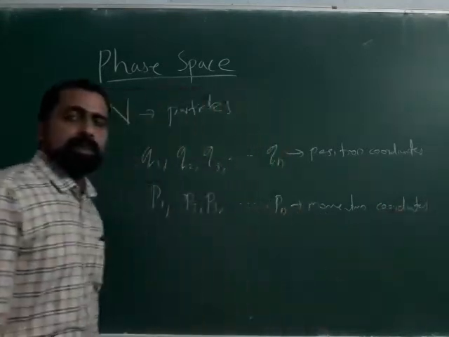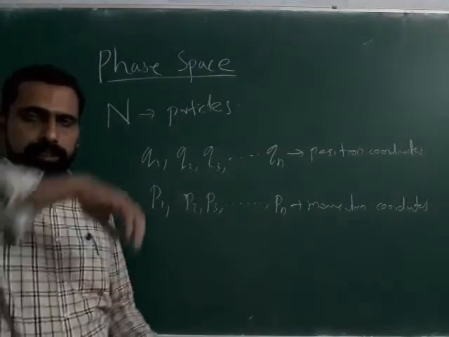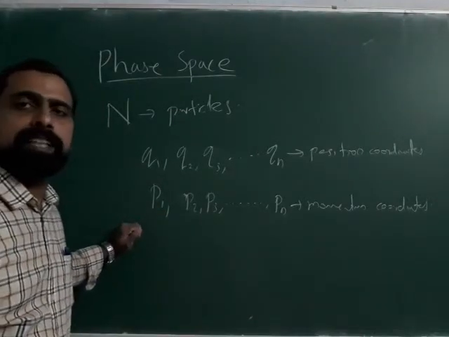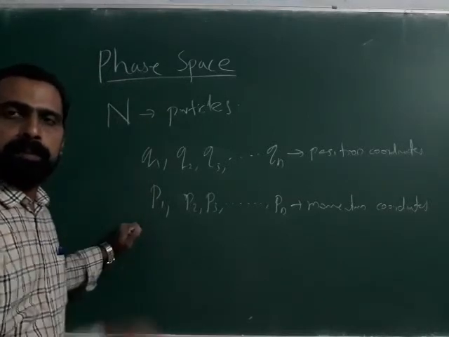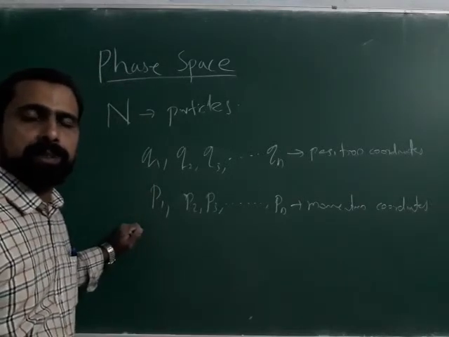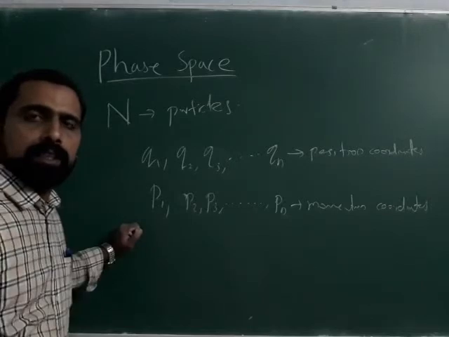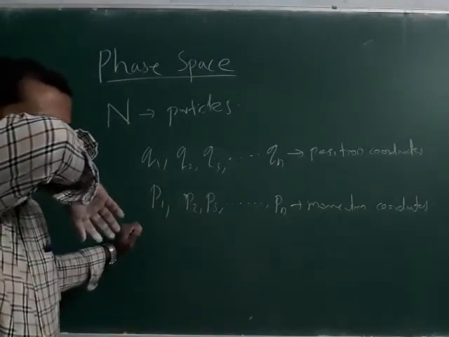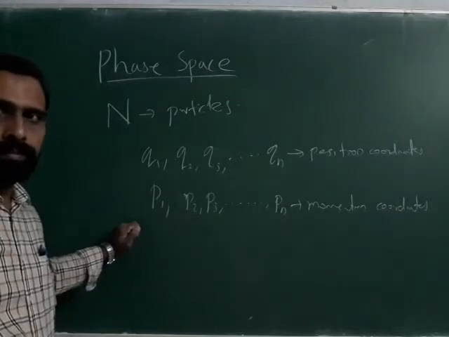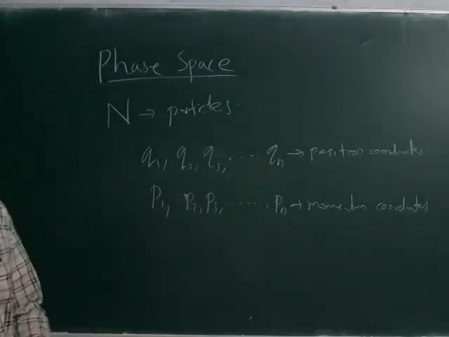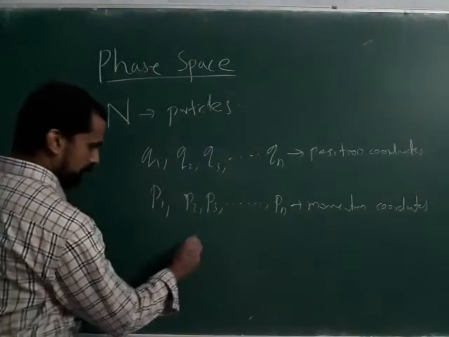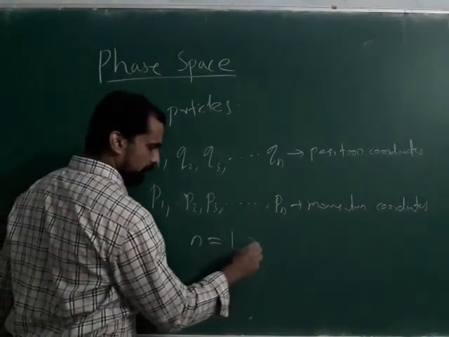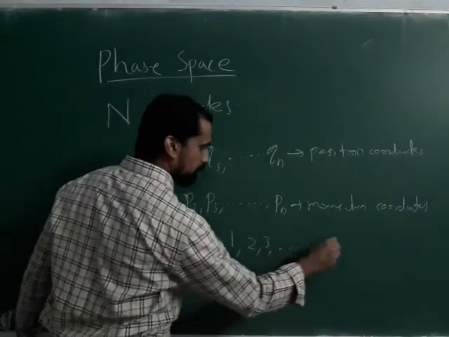You remember when you computed the average energy of an ideal gas using the Maxwell-Boltzmann distribution function, we were using the phase space where you have both the position and momentum coordinates. So in general, you can move from 1, 2, 3, etc. up to n.